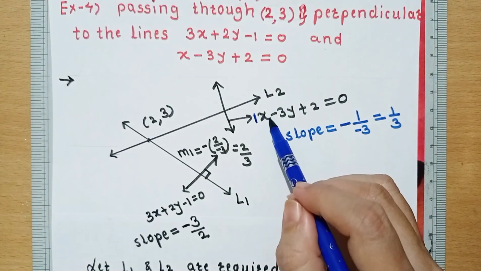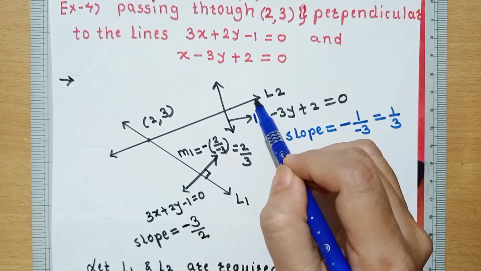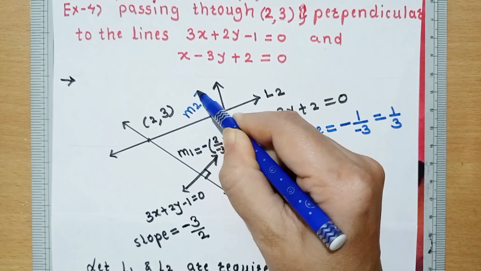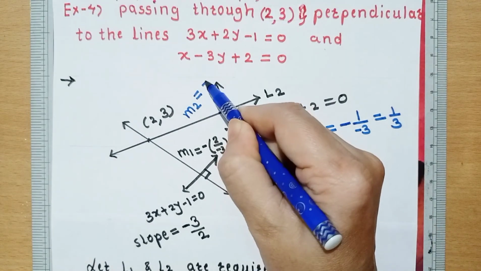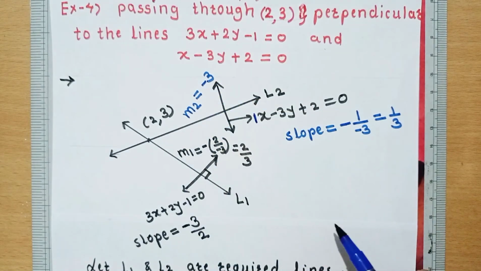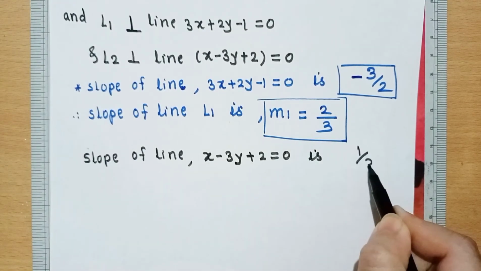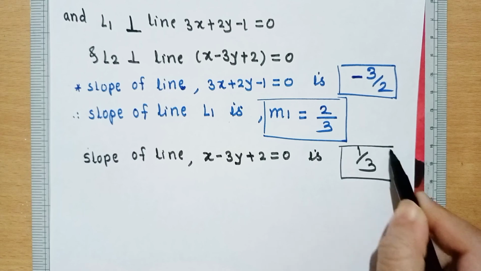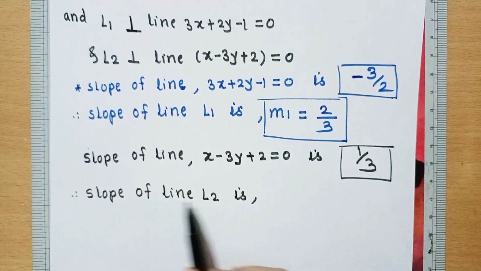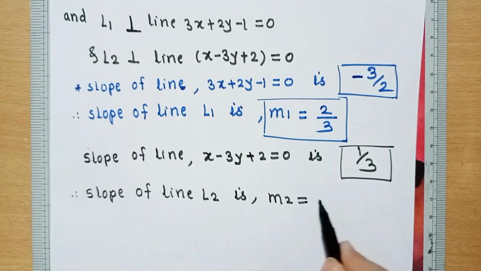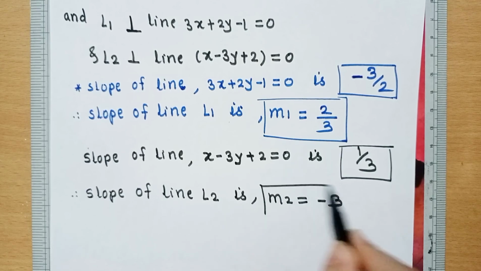And now this line is perpendicular to L2, so the slope of L2, let it be m2, is minus of the reciprocal, so this is minus 3. So we will write again downside. This slope is 1 upon 3, and let the slope of line L2 be m2, and that is equal to, we have written upside, minus 3.